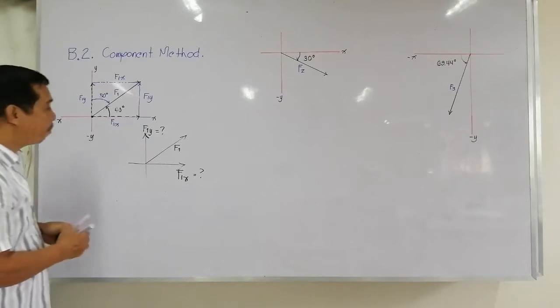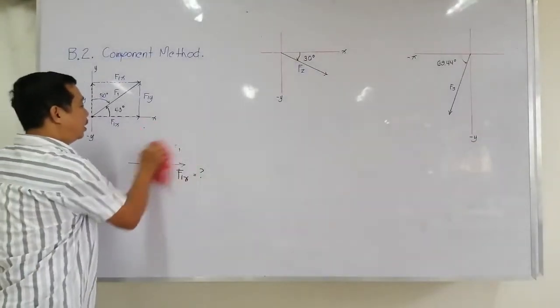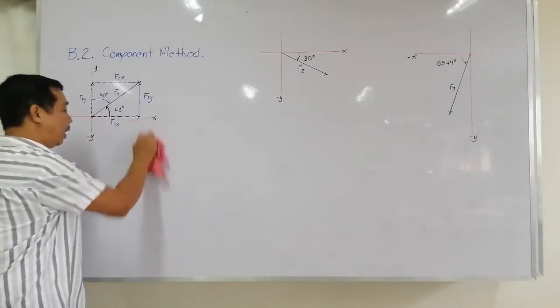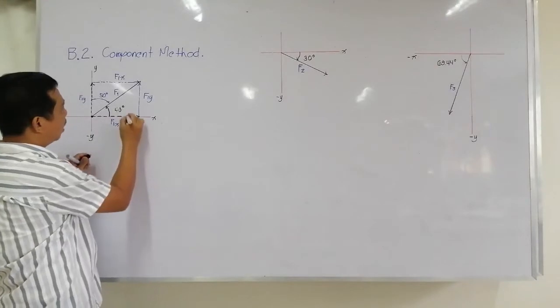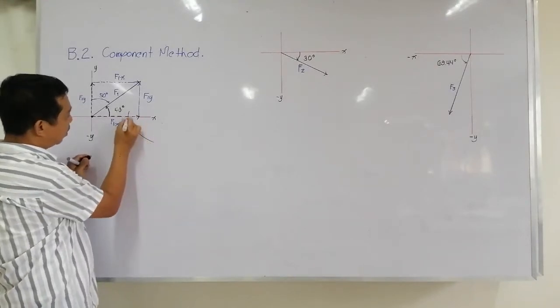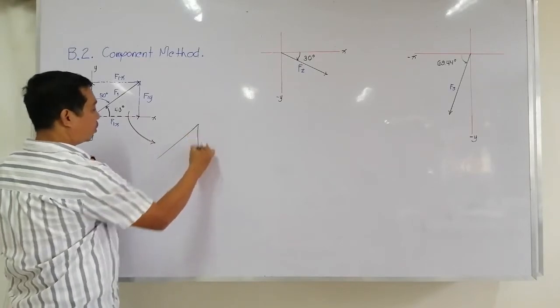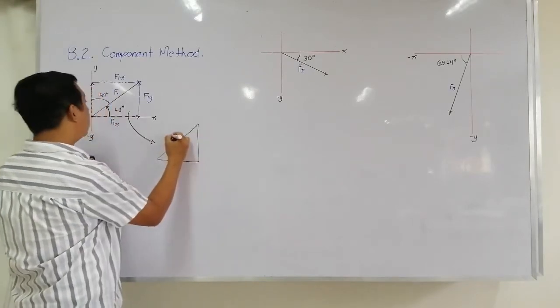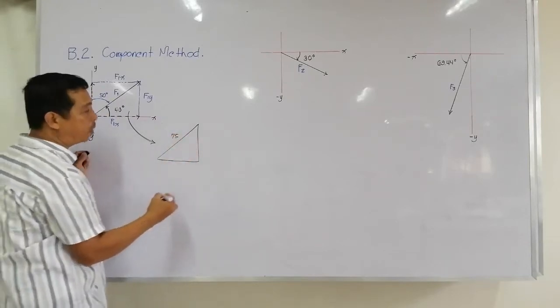Kung kukuhin natin isang triangle, sabihin natin nakadikit sa x. Ito, kinuha natin. Nung kinuha natin ito, we know that this is F1 na may value 75 kips.